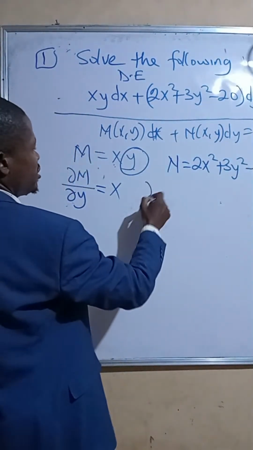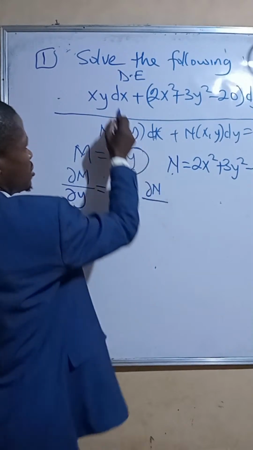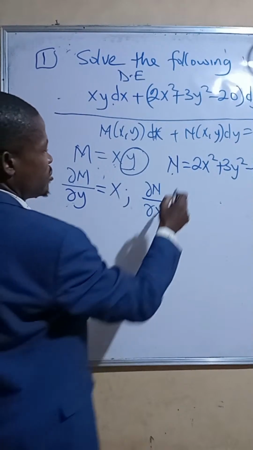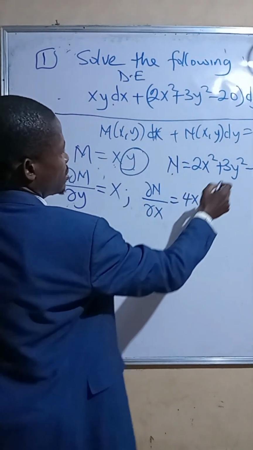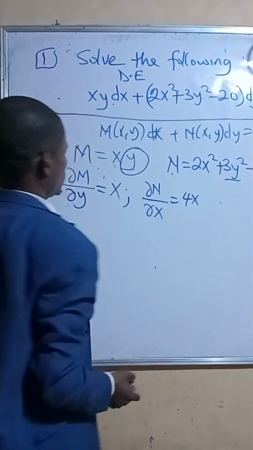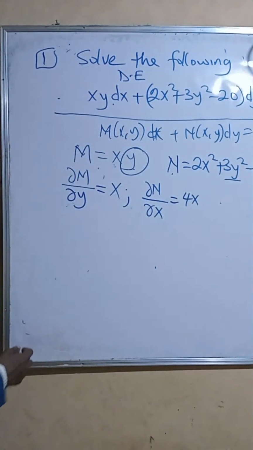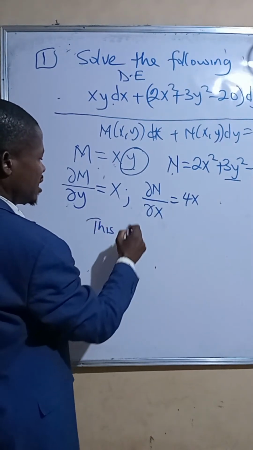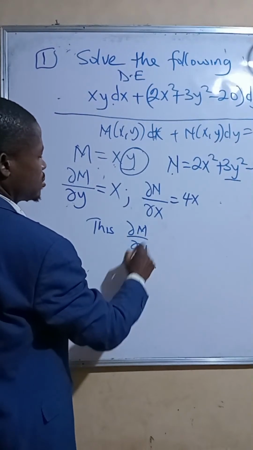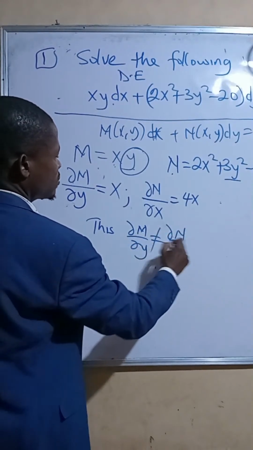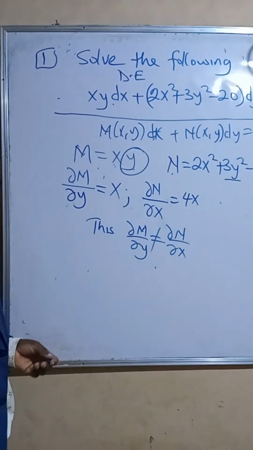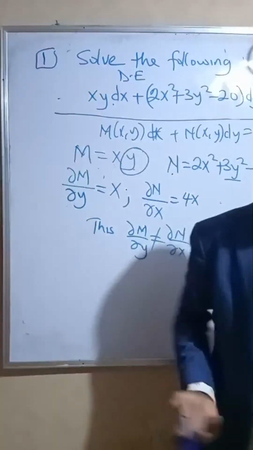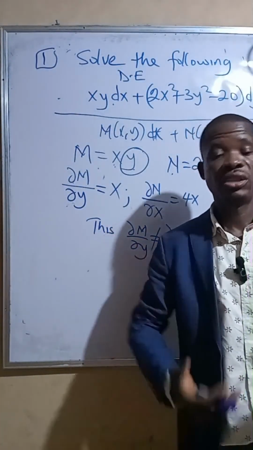Differentiate n partially with respect to x, and that will be equal to 4x. This one will be 0. So you can see they are not equal. This one is not equal to this one, so this is inexact. If it's inexact and we're not given an integrating factor, then we are going to use the formula method.